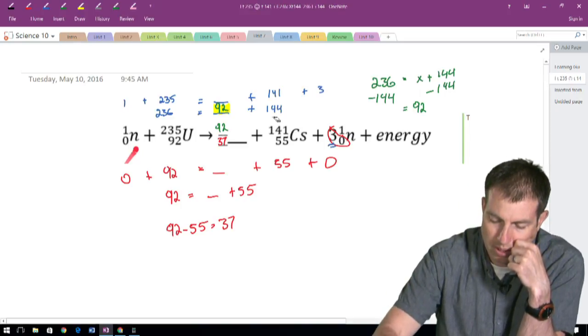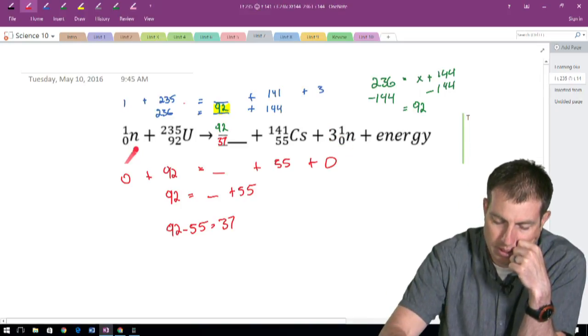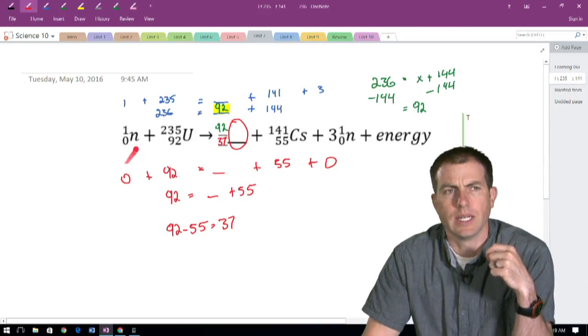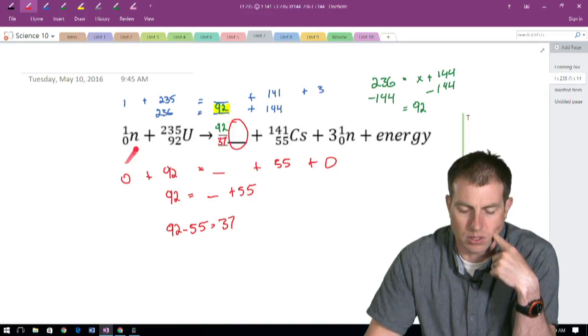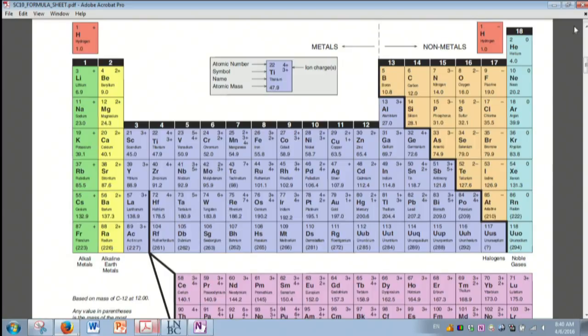So what element am I talking about here? I need to figure out what symbol to include. Now I have two numbers, the 92 and the 37. Which one am I looking for in the periodic table? Which one tells me what element I'm looking for, top or bottom? The top is the mass, so that's the atomic mass, and the atomic mass can change.